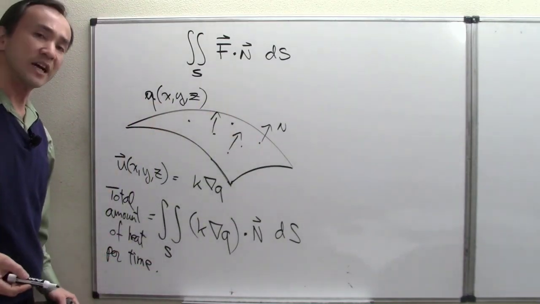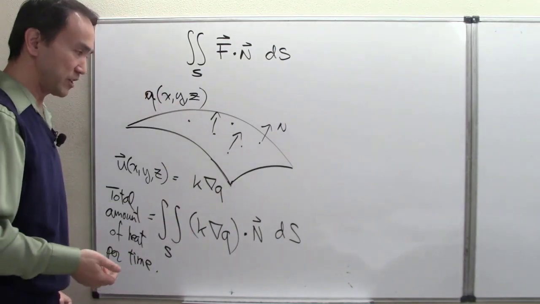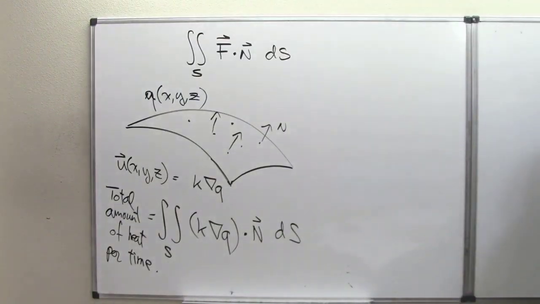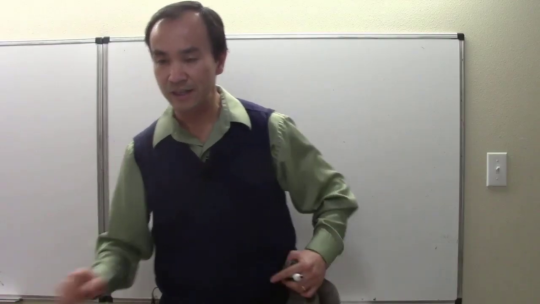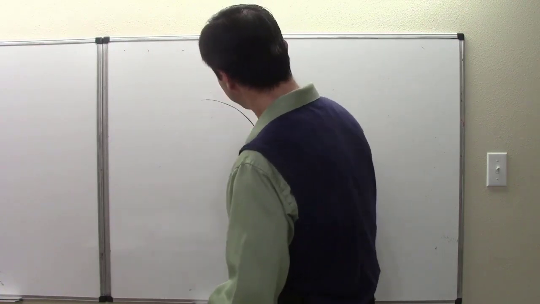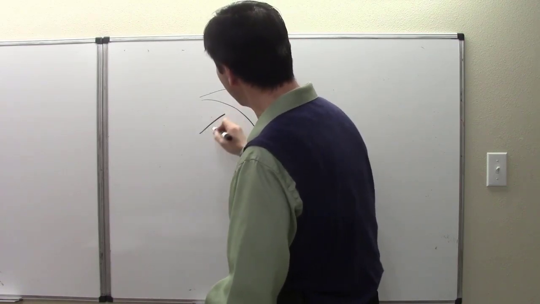All right, so that's one example of the applications that we can measure out there. Now another example we can quickly see right here is, think about a surface and water is flowing through.